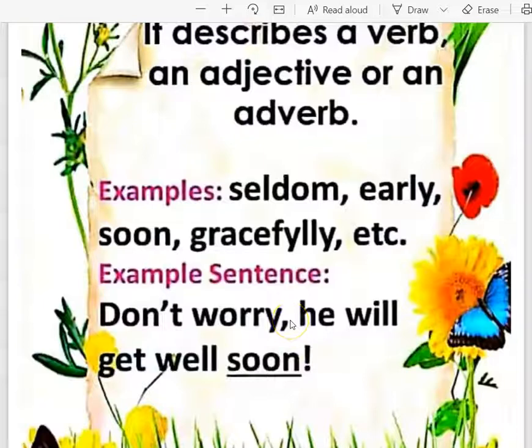Okay, there are few exceptions which do not end with ly, like adverb of place, adverb of time, adverb of manner, and normally adverb of manner ends with ly, and rest of the things they do not end with ly. For example, seldom, early, soon, gracefully, etc. Do not worry, he will get well soon. Now, soon is the adverb here.